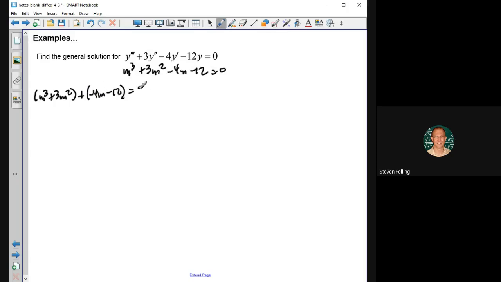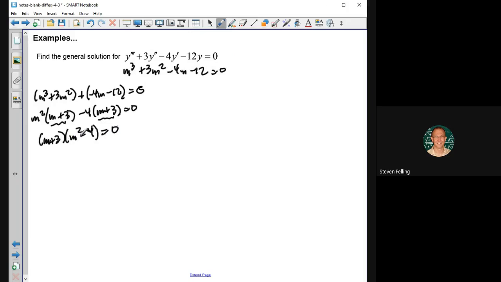Okay. And then I'm going to try to factor the common elements out of each. So if I pulled an m squared out here, I would get m plus 3 left. And if I pulled a negative 4 here, I would also get m plus 3. So this is one of the cases where factoring by grouping worked because I got the same thing here, which means I can now factor that out, m plus 3, which would give me m squared minus 4 left.